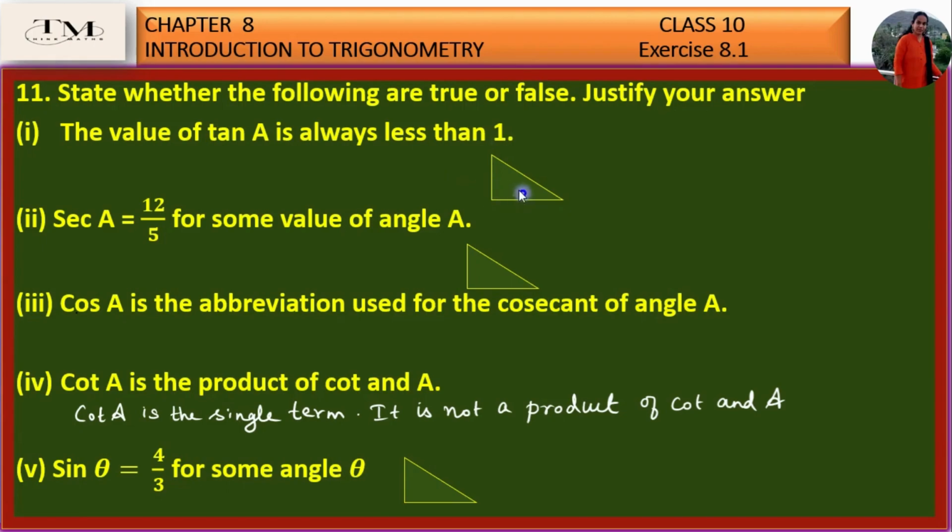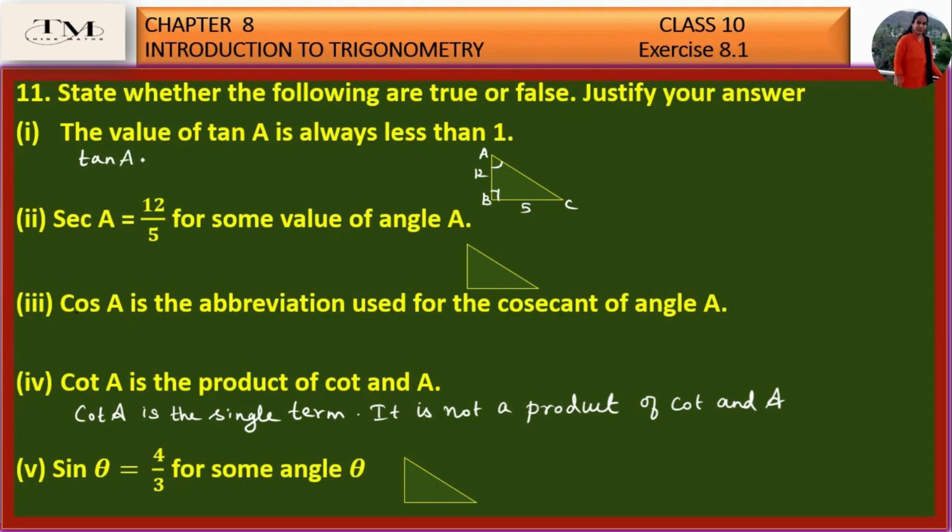So let us assume this right angle triangle A, B, C. This is 90 degrees. Suppose this is the angle given. Now we have 12 and this as 5. Now what will be tan A?